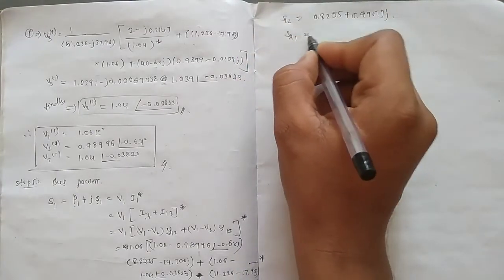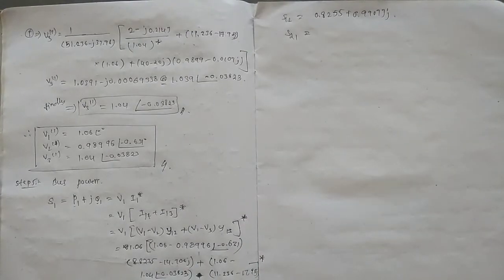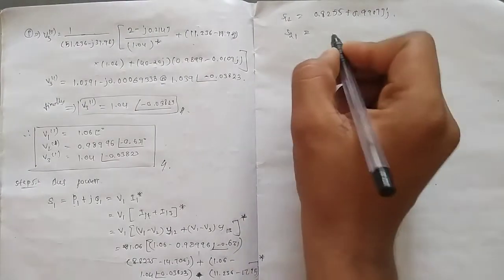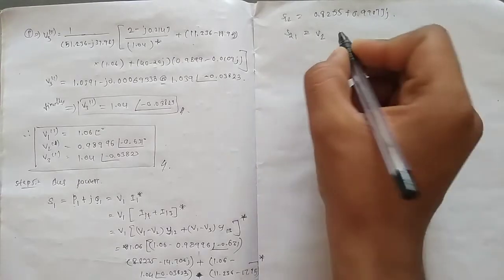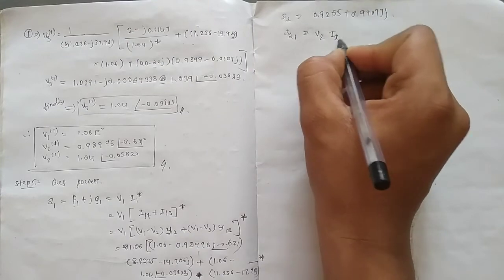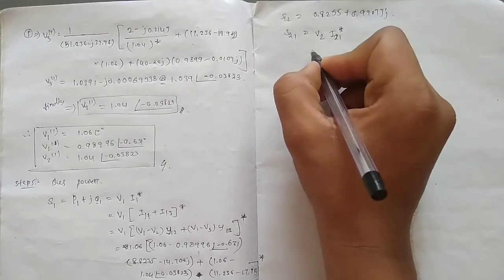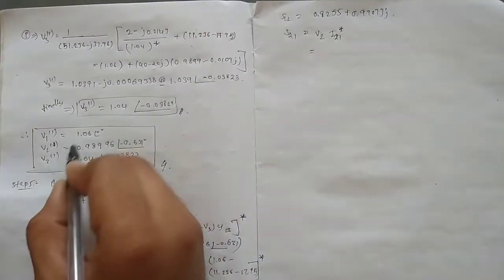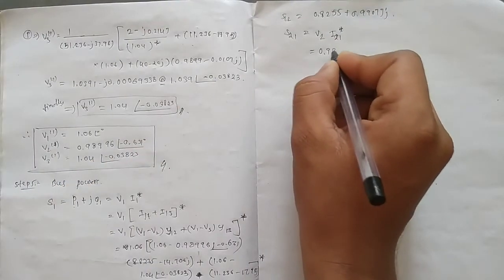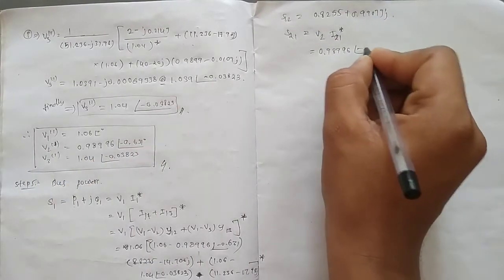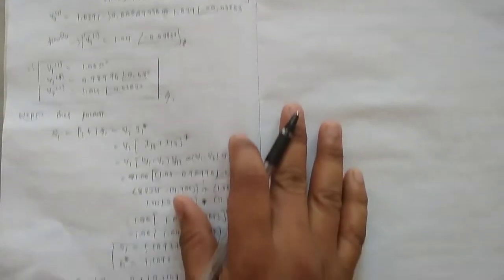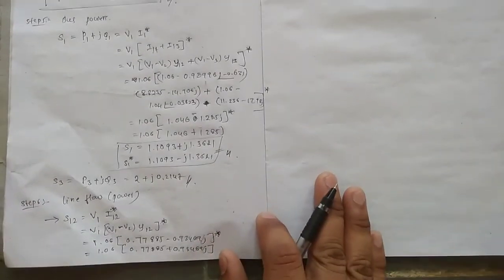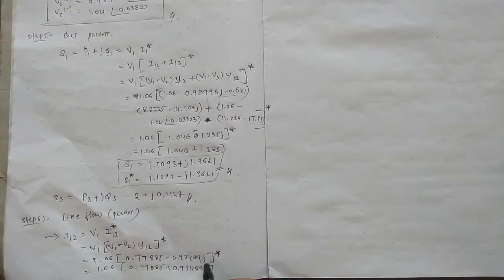We need to calculate S21. This is equal to, for S21, because the first reference is V2, therefore V2 into I21 conjugate. This is equal to, substitute the V2 value as this only, 0.98996 angle of 0.631 into I21. Here it is. See, for I21 the formula is, I21 is equal to minus of I12.